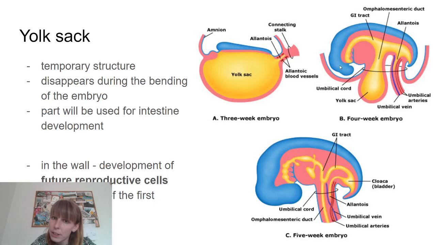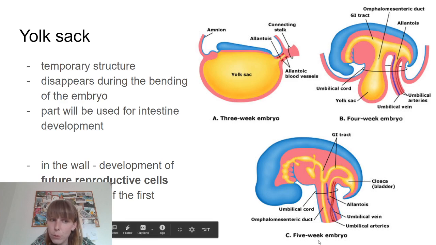The blue area is the part of the embryo, and it's bending in a way, and the yolk sac part of it is becoming the future GI tract, and the rest of it is remaining outside of the future fetus.